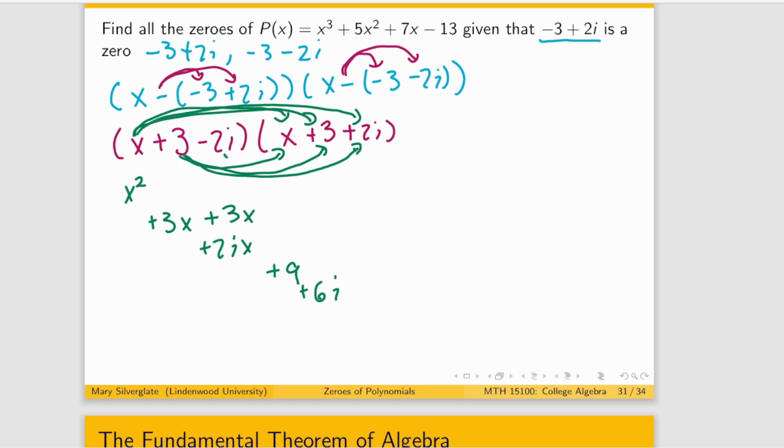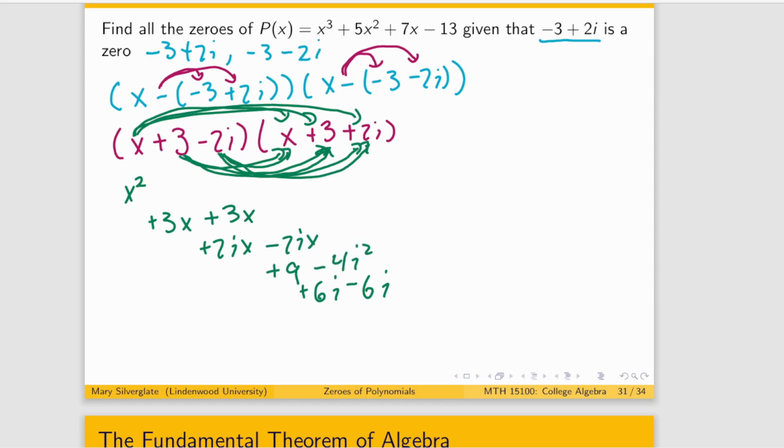Then we have negative 2i times x to get us minus 2ix, negative 2i times 3 to get us minus 6i, and negative 2i times 2i to get us minus 4i squared.